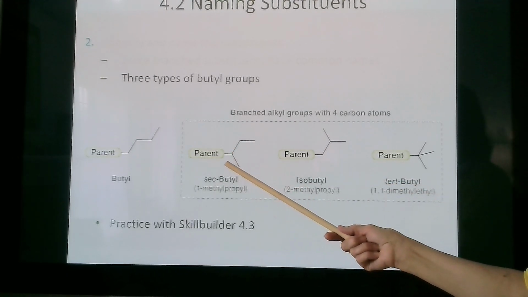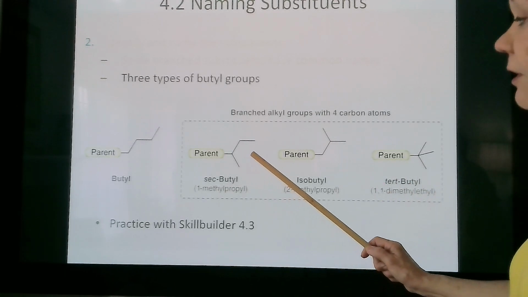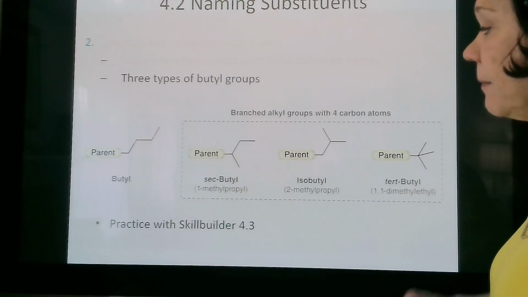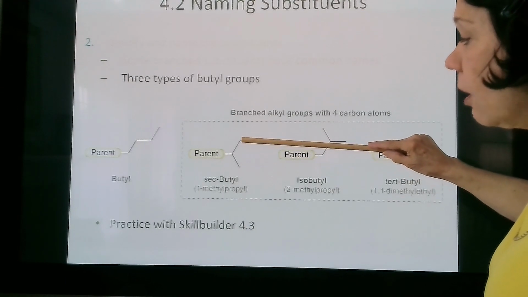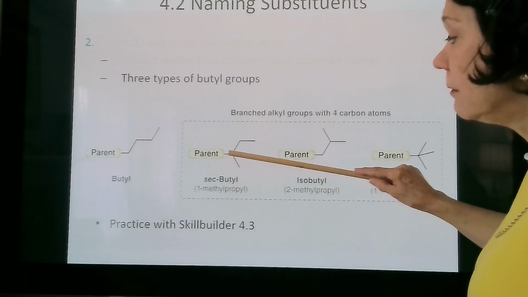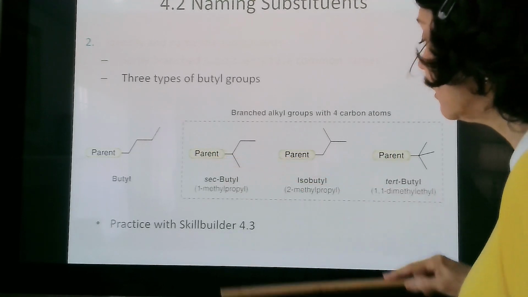Now, sec-butyl and tert-butyl, a lot of times students get these confused. The way that you tell this is that this is a secondary carbon atom. That means you have 2 other carbons attached to this carbon that is attached to the parent compound.